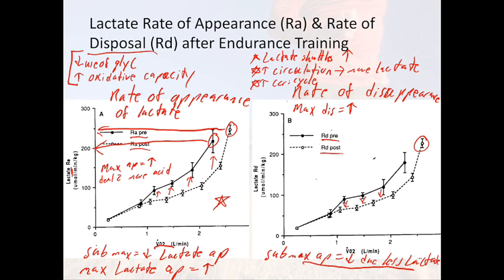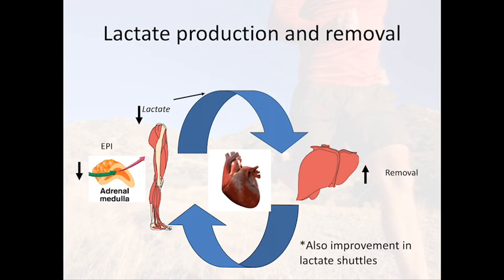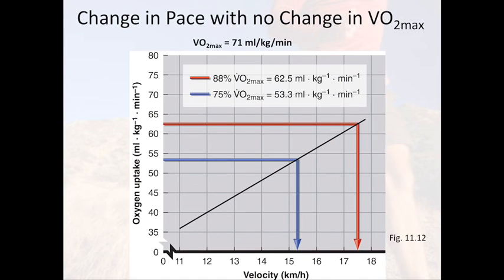We have a more powerful glycolytic system, and so we're pushing ourselves further into that acidosis. And part of that is because we can make more of it disappear faster too, right? All of our lactate shuttles, all that stuff is improved, so we can push ourselves further. So this is just showing that we can deal with higher levels of lactate buildup after training. This is what I already mentioned: improvement in lactate shuttles, increased removal by the liver.